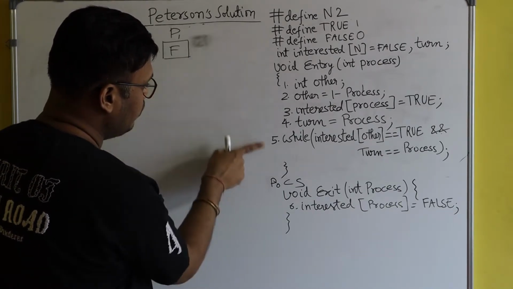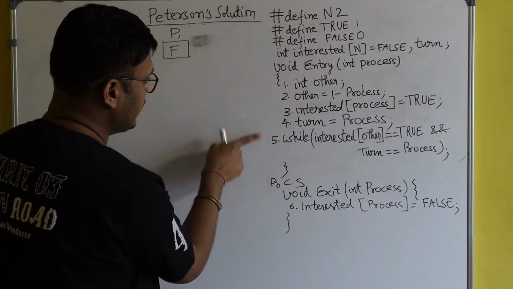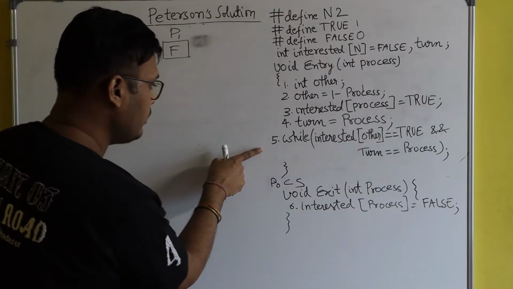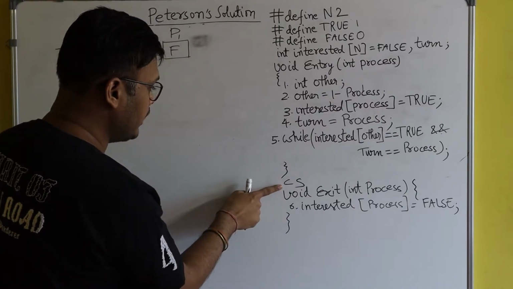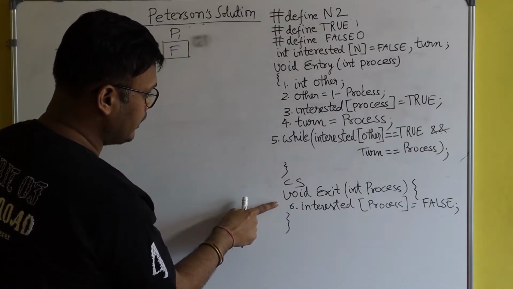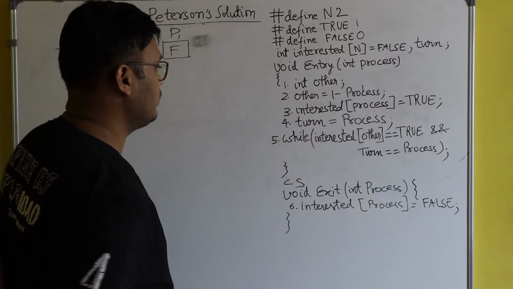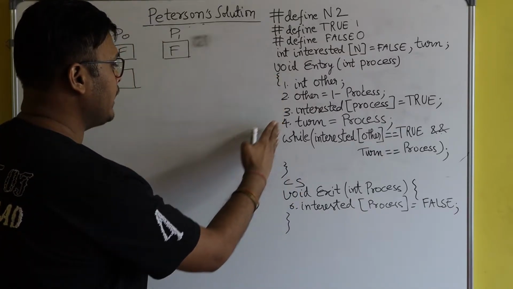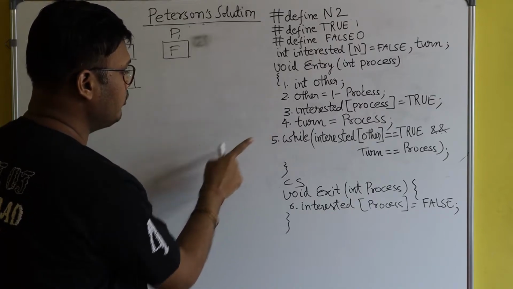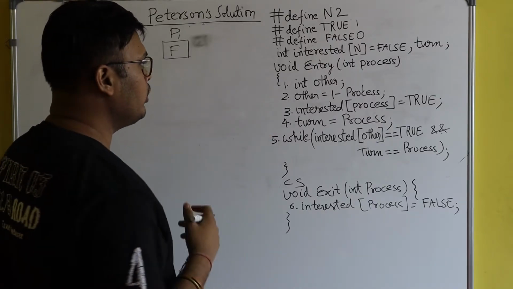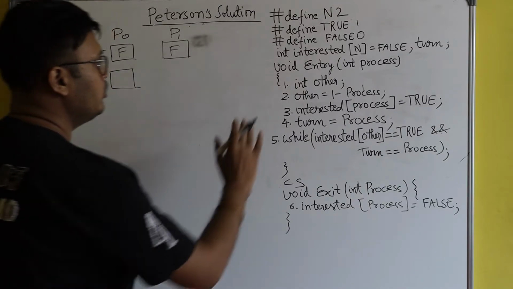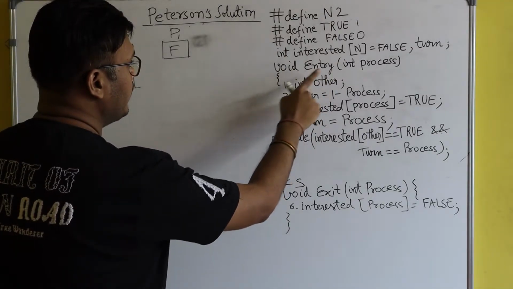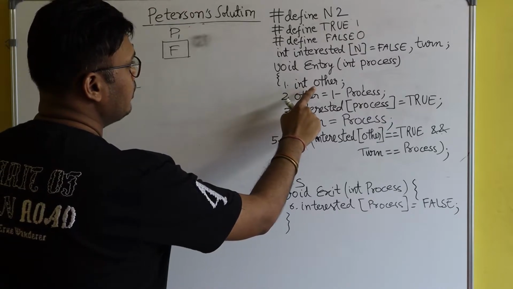From here to line number 5, you can see it's the entry section code, and after that here is the critical section, and after that there is an exit section. I have given the line numbers 1, 2, 3, 4 in order to make you understand in a simple manner.